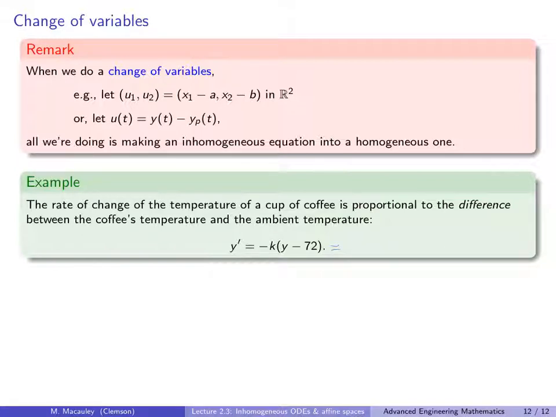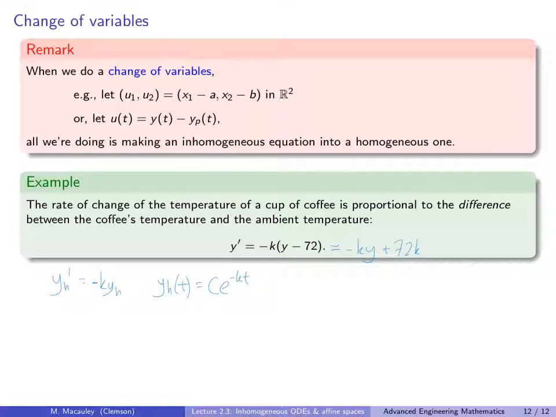So if I multiply this out, this is negative ky plus 72k. So the related homogeneous equation is y_h' equals negative k y_h, and the solution to that, obviously, this is an exponential function, so this is c e to the negative kt.